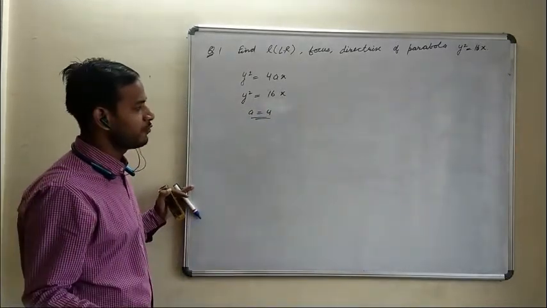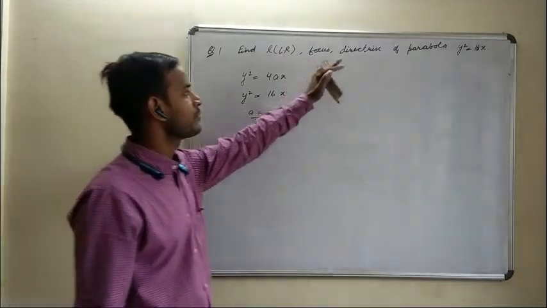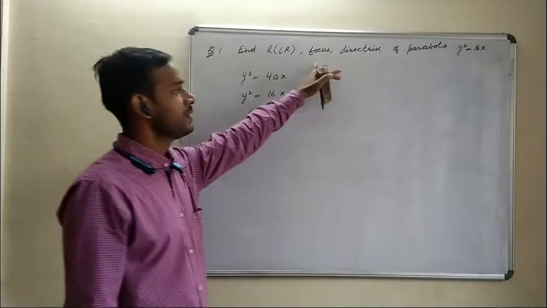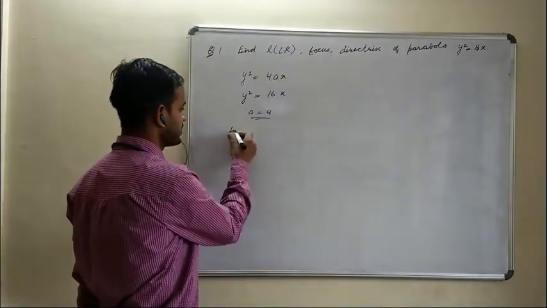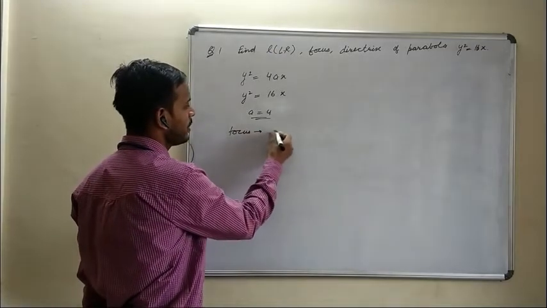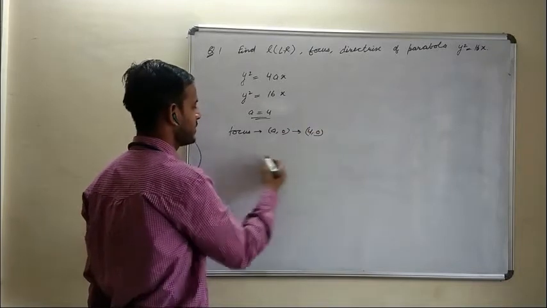When we have the value of a, we can always write the equation of the directrix, coordinates of the focus and the length of the latus rectum. So focus is a comma 0, which becomes 4 comma 0 in our case.